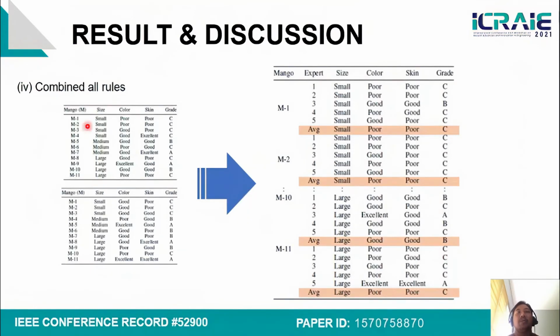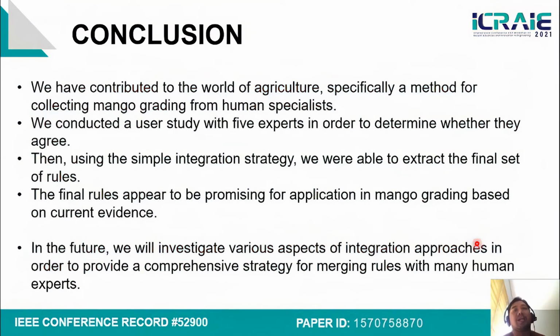And then lastly, we would like to combine all of the rules given by the 5 experts. We use a very simple integration strategy here. We use the average strategy to average all of these results, and then we get the final set of rules. And then we come to the conclusion.